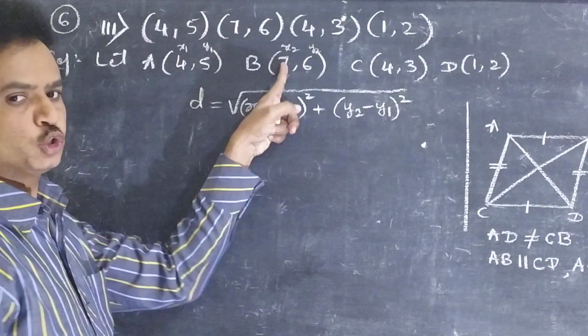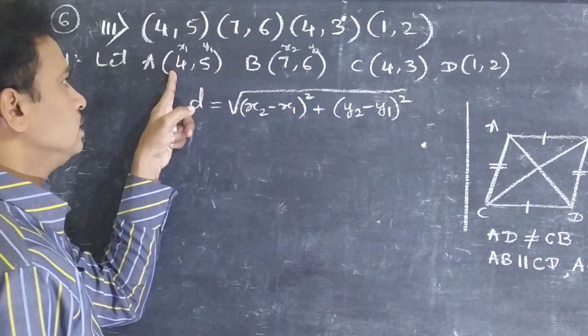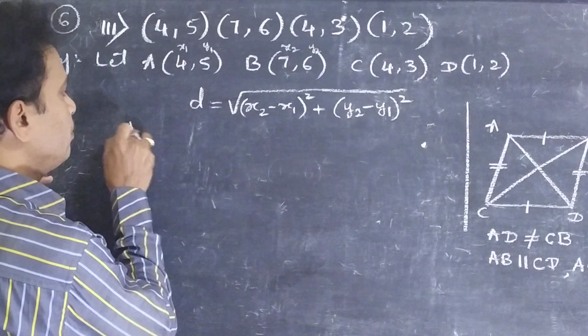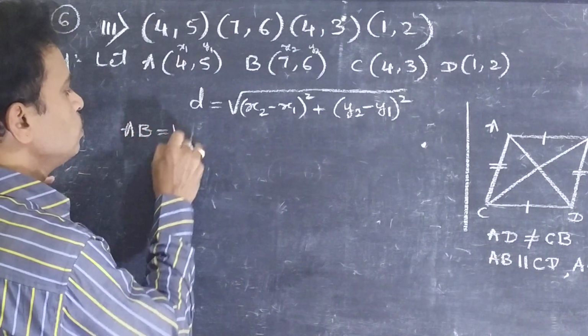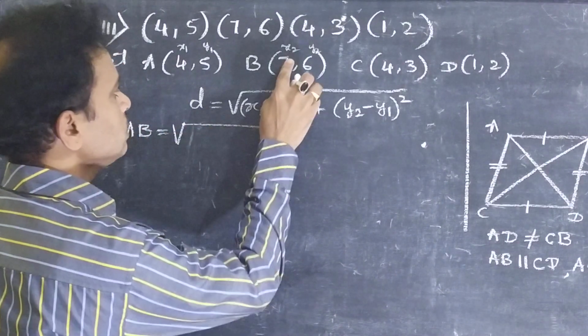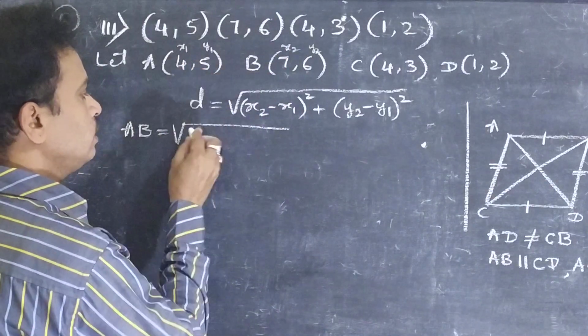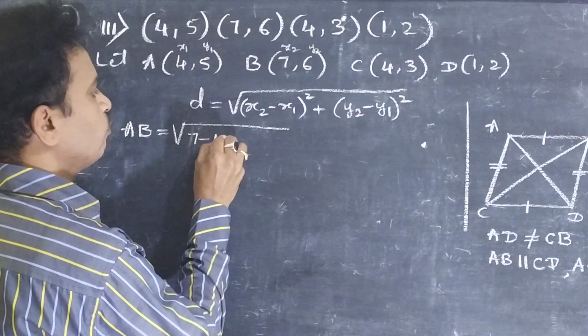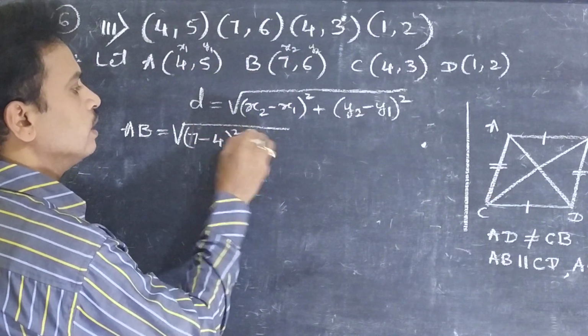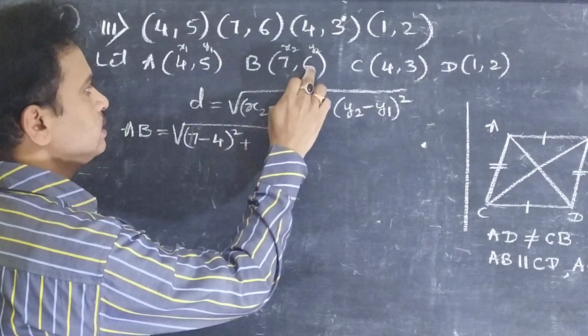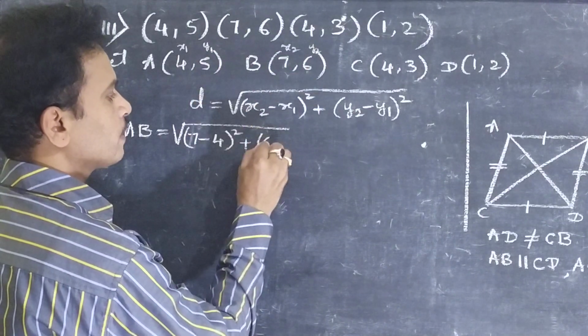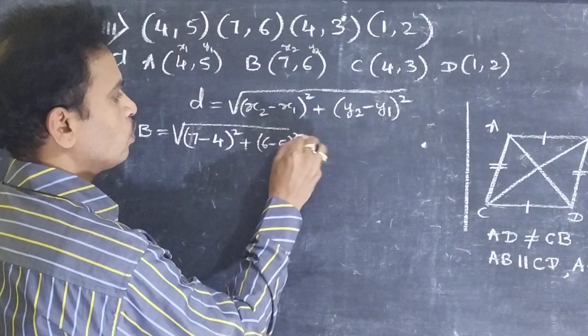Now AB is equal to square root of (7 minus 4) whole square plus (6 minus 5) whole square.